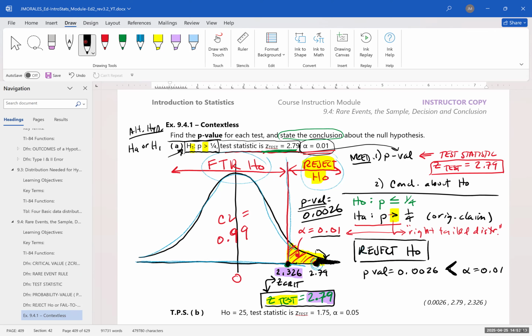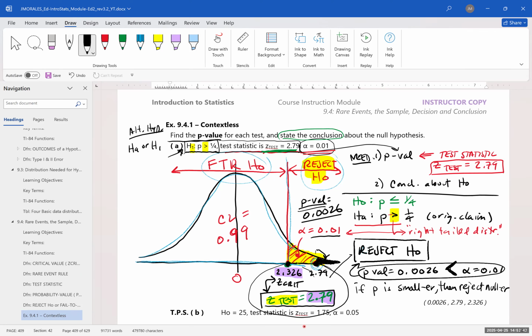And so the way it goes is, if p is smaller, then reject the null. So by comparing areas, we determined we're rejecting the null. By comparing values on the number line, critical value versus test statistic, we're also coming to the same conclusion.